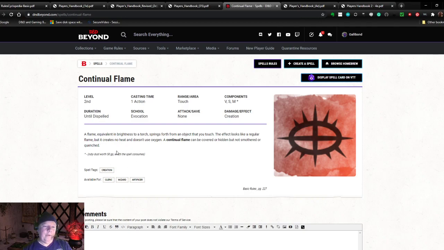And ruby dust worth 50 gold pieces, which the spell consumes. So, because it's a permanent spell, yes, it does require a gold piece value material component. I think what that is, is just to get away from the kind of things that we used to do back in the day, where willy nilly you'd toss the continual light on a coin, and then you just flip it down a well.